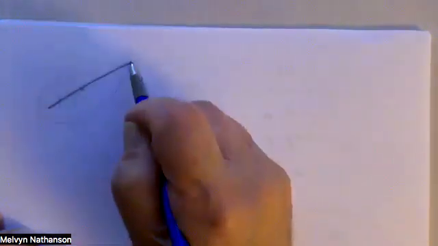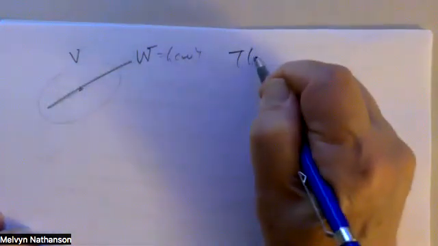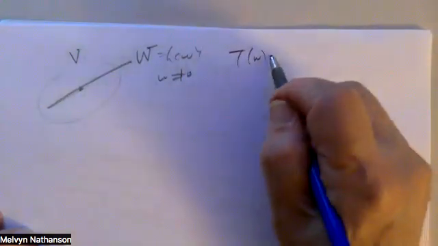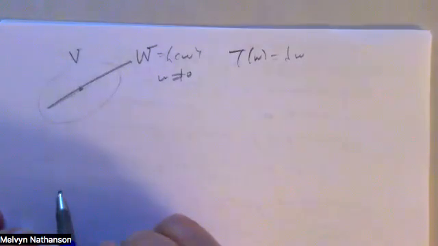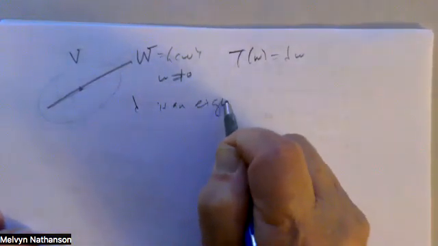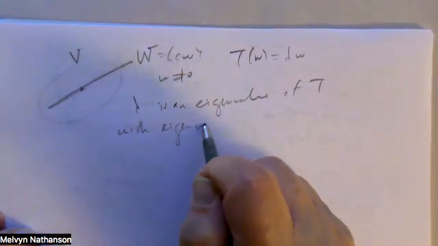You could think of it as sitting inside of your space. You have some one-dimensional subspace. Here's V. W is just all scalar multiples of w, and w is different from zero. It's a non-zero vector. And T of w is lambda w. And in this case, lambda is an eigenvalue of T with eigenvector w.